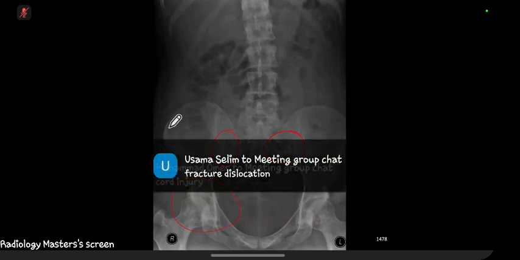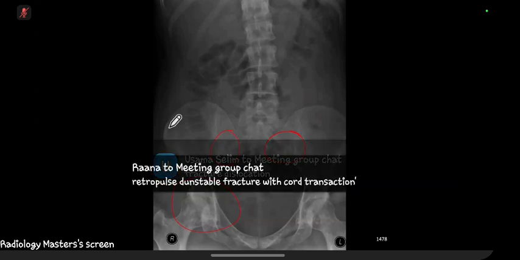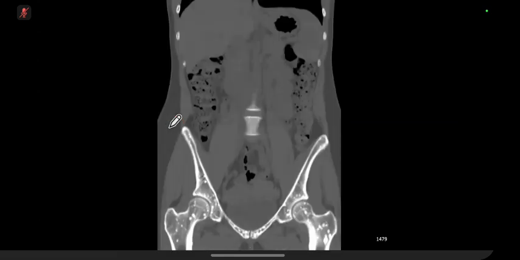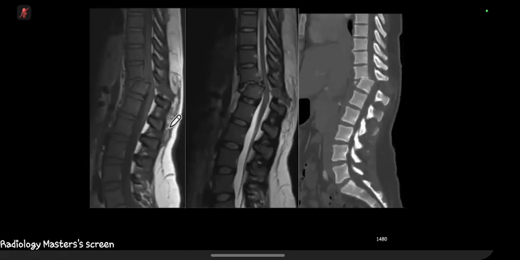Trauma, how do you describe that injury to the thoracolumbar spine? Yeah, it's a Chance fracture. So what's happened is there's been a teardrop, there's been a disruption right through the gap here, and that's typical of a Chance fracture where you've got a hyperflexion injury, you've got edema of the cord.